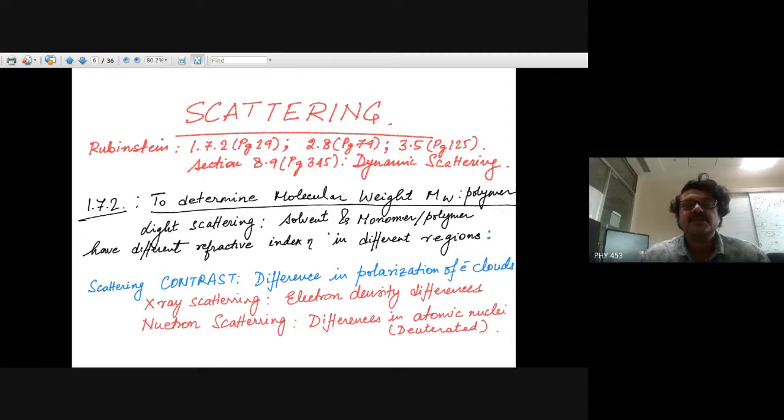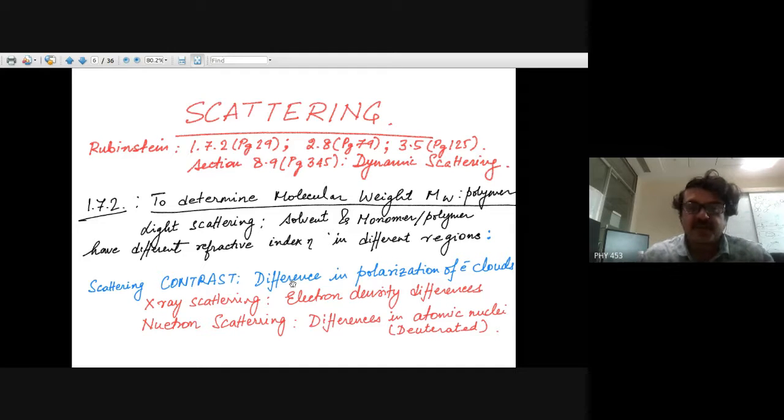And what scattering relies on, we're talking about dilute systems at the moment, is that the solvent and the polymer or the monomer dispersed in the solvent have different refractive index n in different regions. Hence, the part which is pure solvent and the part which has polymer will scatter differently. And this scattering contrast is what the detector picks up.